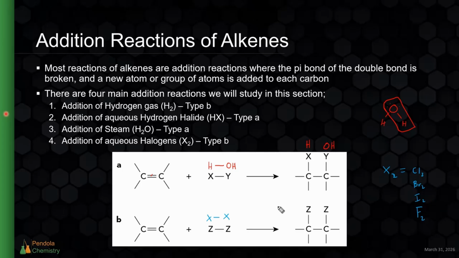So we could add a halogen across that double bond and end up with 2 copies of the halogens added across where that pi bond used to be. So these are all addition reactions. Why? We're adding a small molecule to a larger molecule, in this case an alkene, by breaking the pi bond and adding essentially one part of each of those small molecules to each carbon that used to have the pi bond.